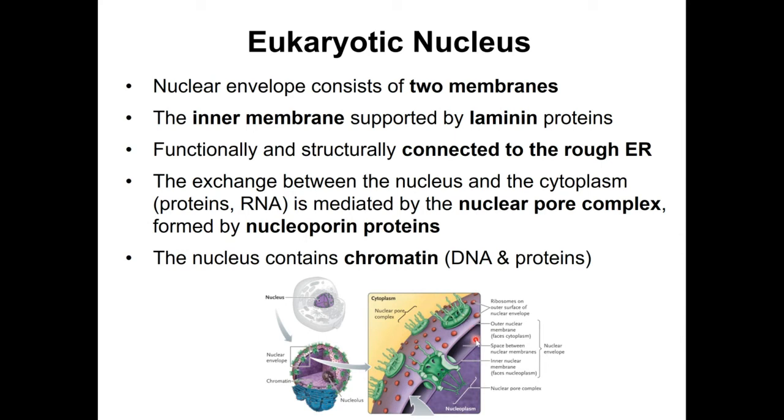Just to give you an idea, proteins synthesized in the cytoplasm that have to move inside the nucleus need a specific amino acid sequence called the nuclear localization sequence, or NLS, in order to be bound by the nuclear pore complex and be transferred inside. Same thing for mRNA moving from the inside to the outside: it has to have a specific structure in order to move from one compartment to the other. So they tightly control the movement of material from one side to the other.